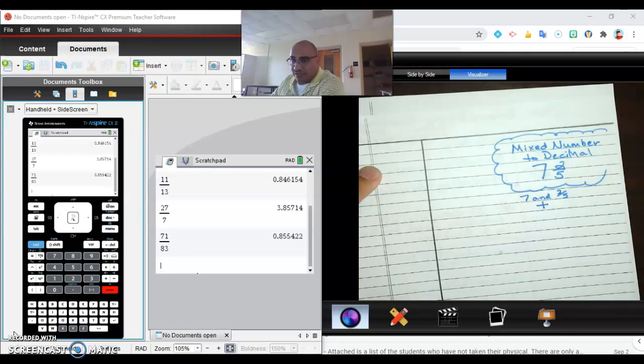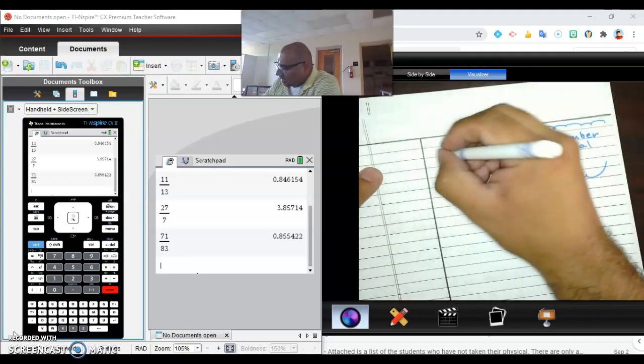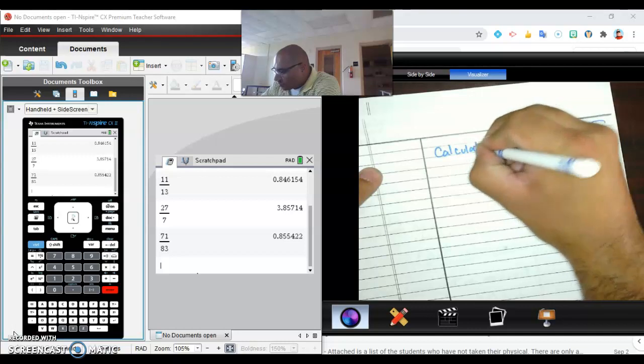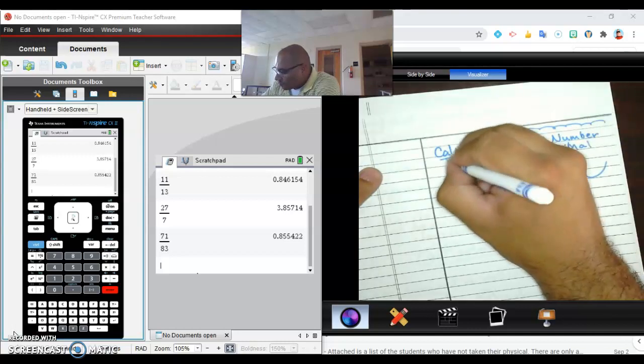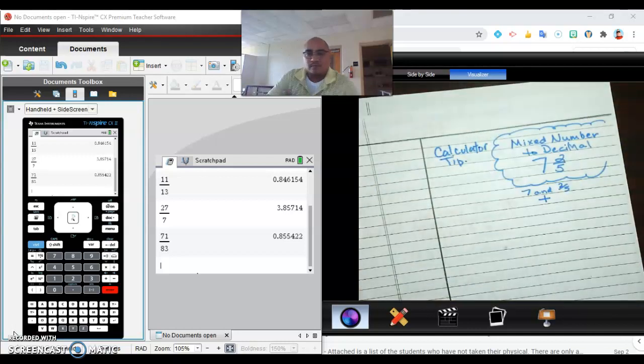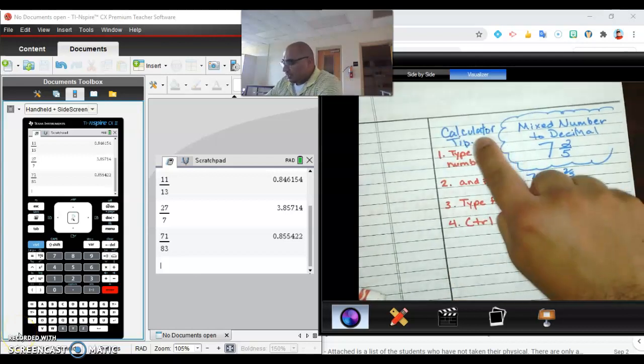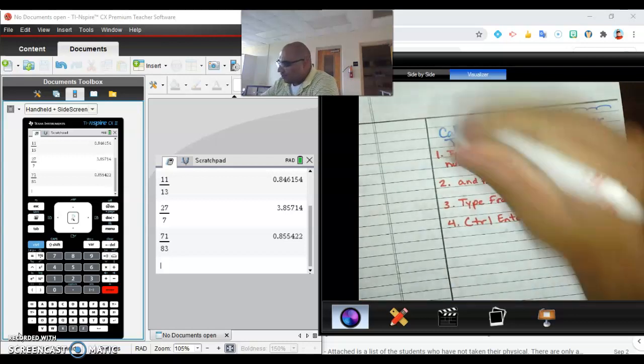So on the calculator, the way we have to enter it in is the way we say it. Calculator tip, this is very important.